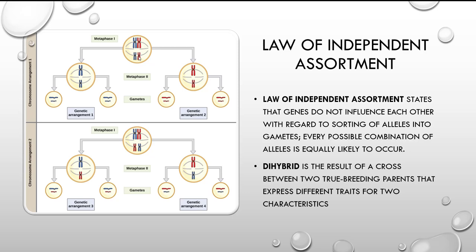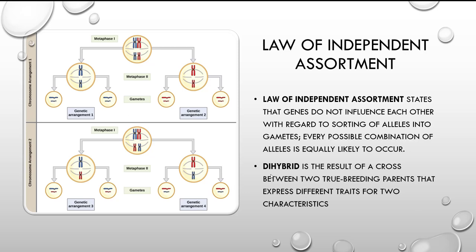So that means that if we're tracking 2 different traits or 2 different characteristics, we can do a dihybrid, and since the genes aren't influenced by each other in gamete production, they're not going to be linked together.